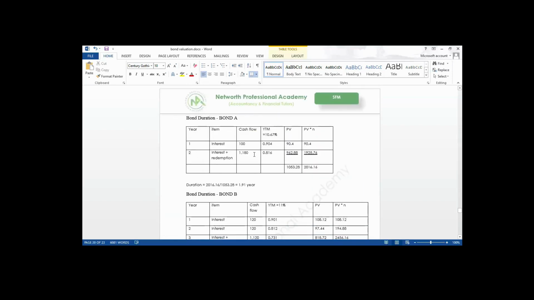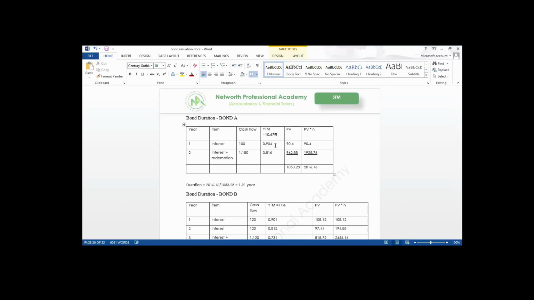Then the YTM of bond A. Use the YTM to discount the cash flow. You can work this out. 10.67.